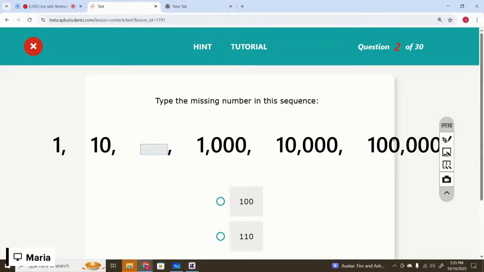Type the missing number in the sequence. 1 times 10 is 10. 10 times 10 is 100.